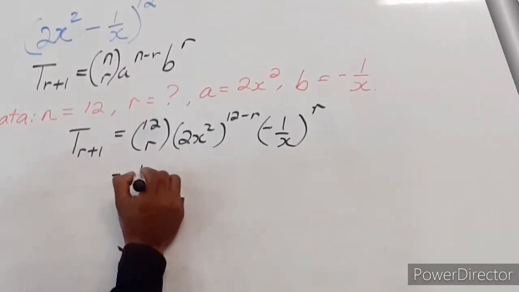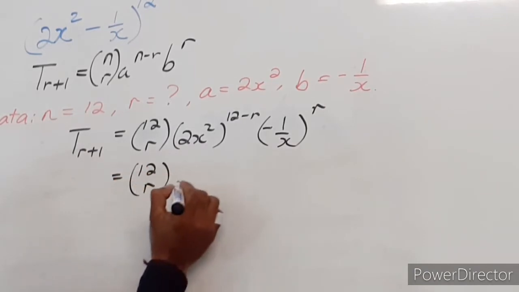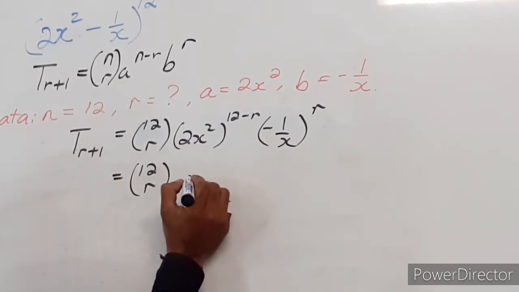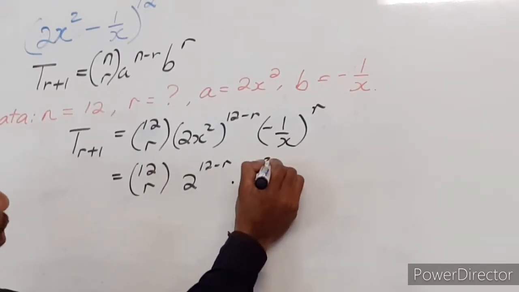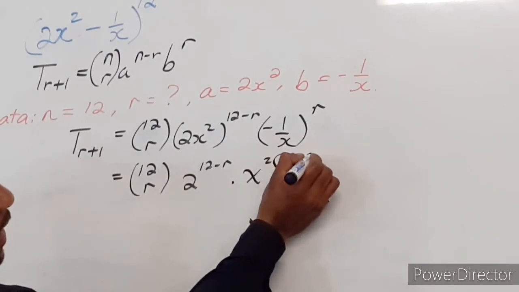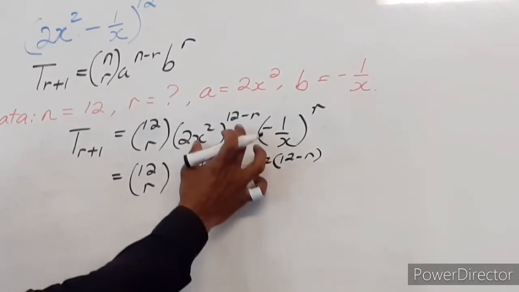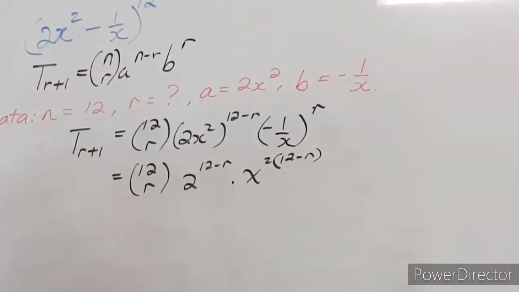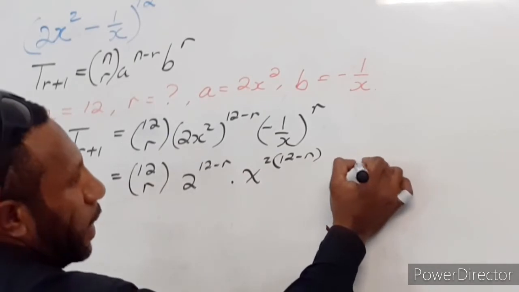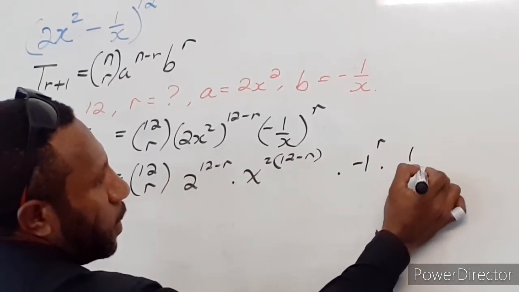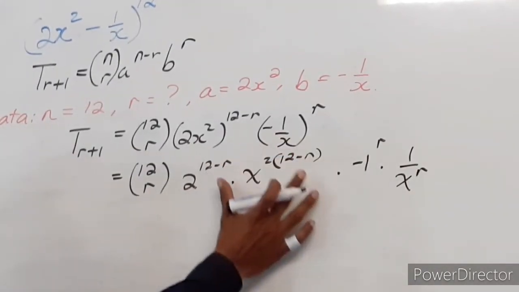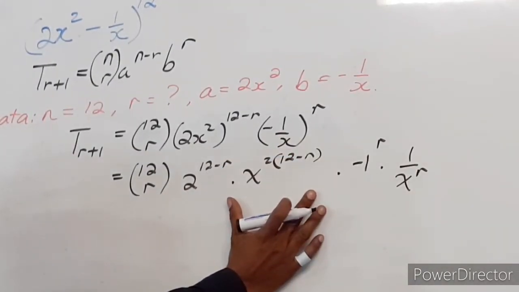Then I will have 12 on r here, and I will have to separate this one. That will be 2 to the power of 12 minus r multiplied by x to the power of 2 times 12 minus r. You have to be very careful when we do the expansion, multiplied by negative 1 to the power of r, multiplied by 1 on x to the power of r. So from this stage coming to this one, you have to be very careful.